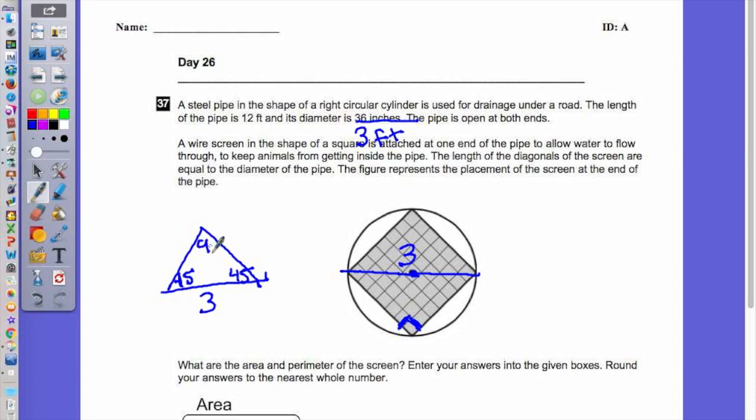So we had rules. The side opposite the 45 would be x, right? And the side opposite the 90 would be x radical 2, sorry.